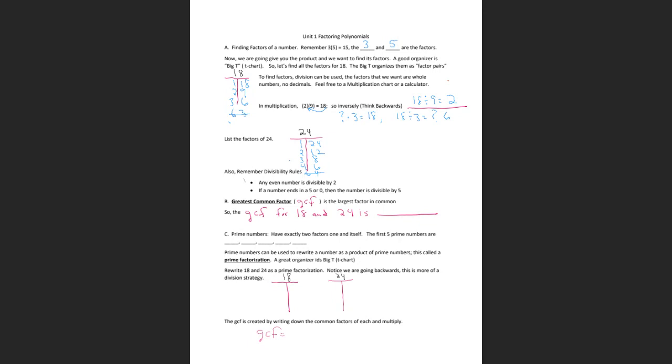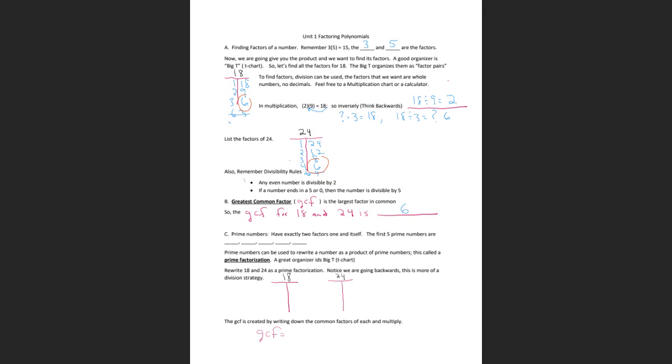A 2 and a 2 are common. A 3 and a 3 are common. But notice that 6 is the largest common factor between 18 and 24. So the GCF for 18 and 24 would be 6.